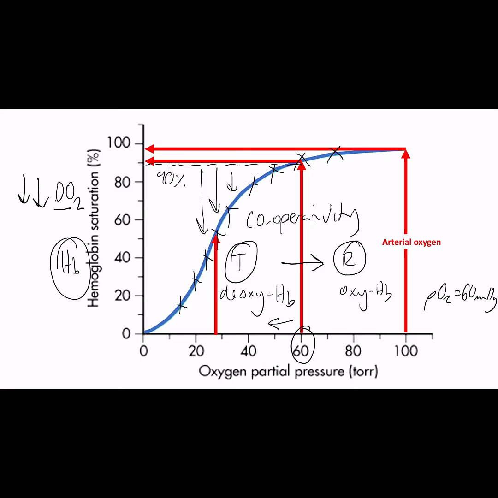Another point to remember is called the P50, which is the partial pressure of oxygen at which the hemoglobin saturation is 50%. And the importance of this is that it can help to define the affinity of the individual hemoglobin dissociation curve.